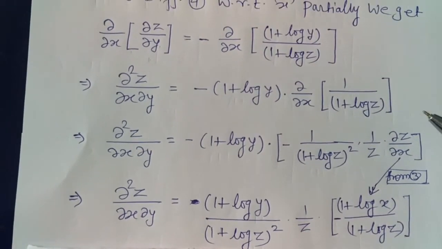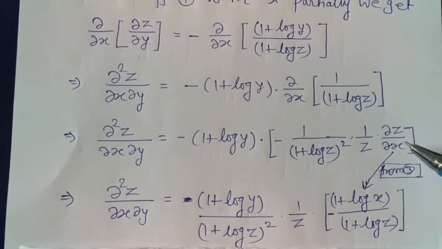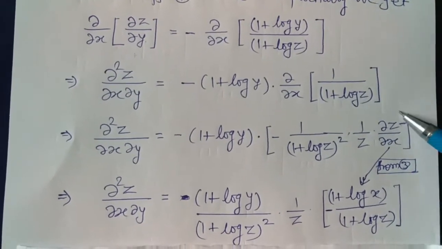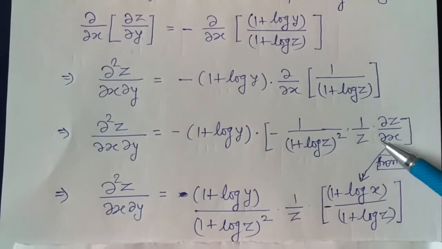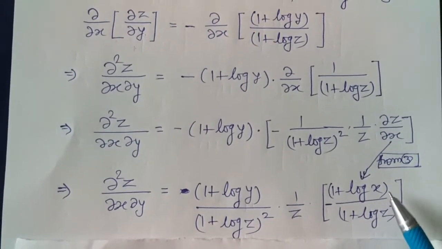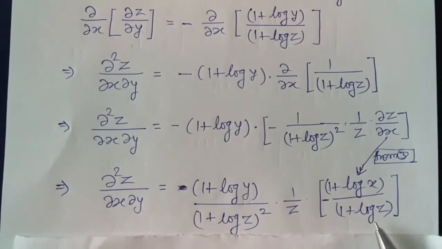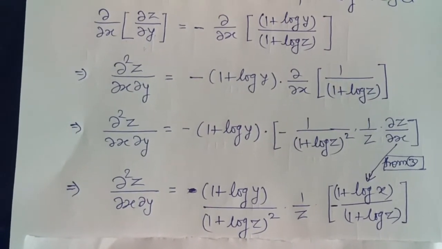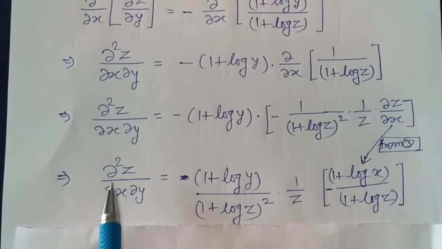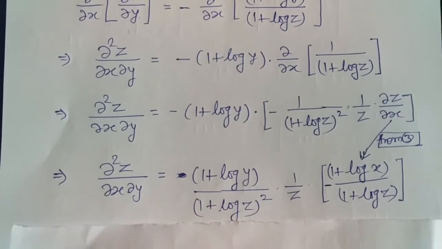Now here we put the value of del z by del x from equation 3rd. So from equation 3rd, the value of del z by del x is what? Minus 1 plus log x upon 1 plus log z. So this is the second order partial derivative of z with respect to x and y.